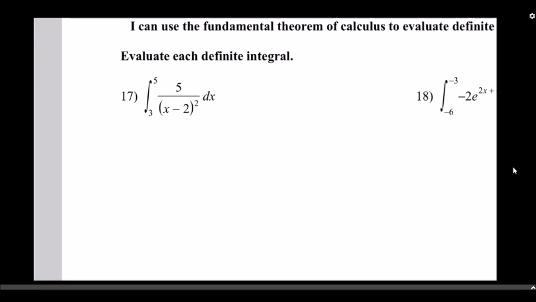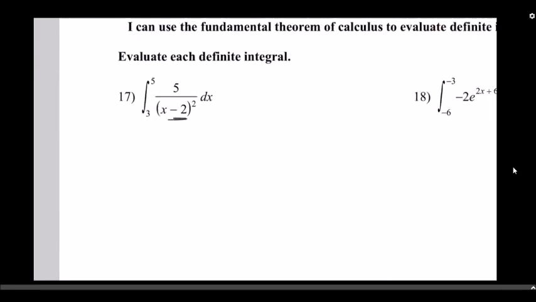So let's first find the indefinite integral here, or the antiderivative, rather. What it looks like we're going to do is move this term up to the numerator by changing the value of that exponent to -2.